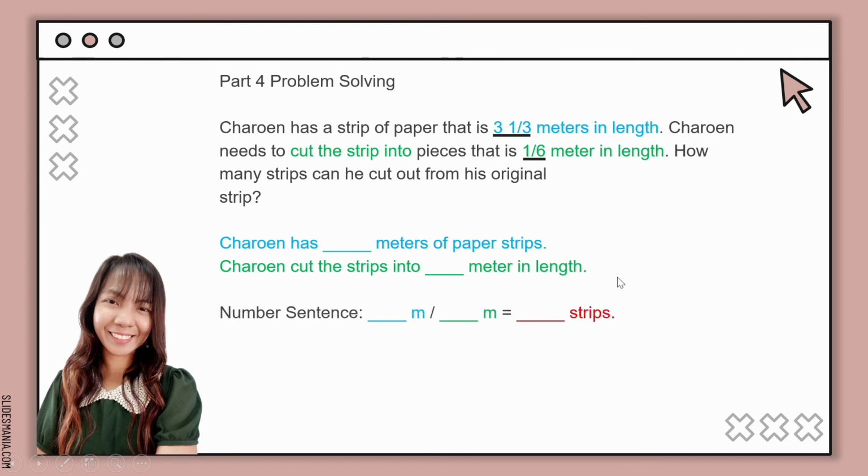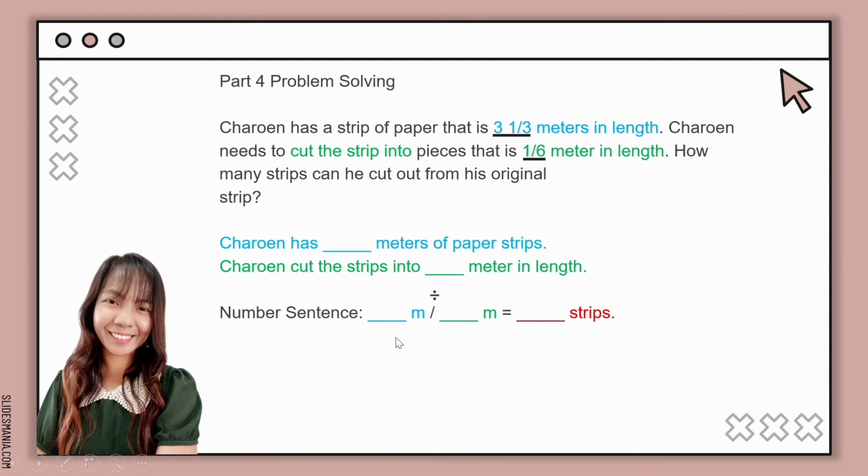And then for the number sentence, again I'm giving you the clue by putting a color into it. The color blue here means you have to put this fraction. And then for the green one, this one. And for the red is your answer.